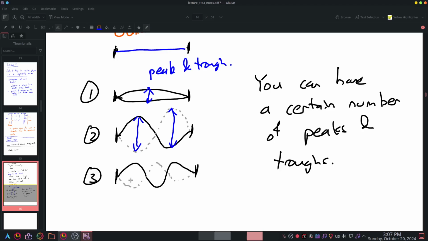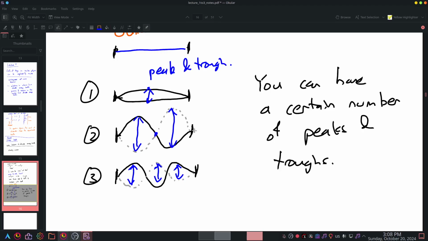And then in picture number 3, you have 3 of these. I think we call these nodes. Let me do a quick search. Nodes and antinodes, sorry, that was the correct physics term.